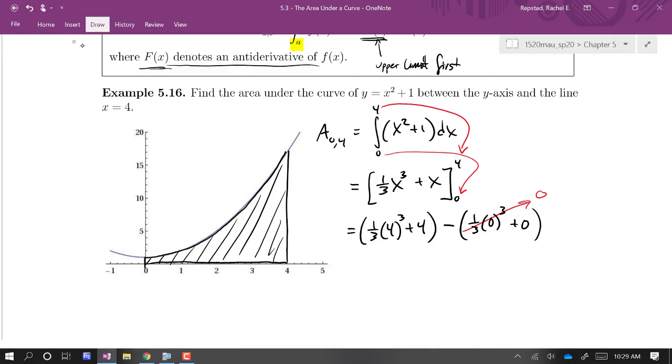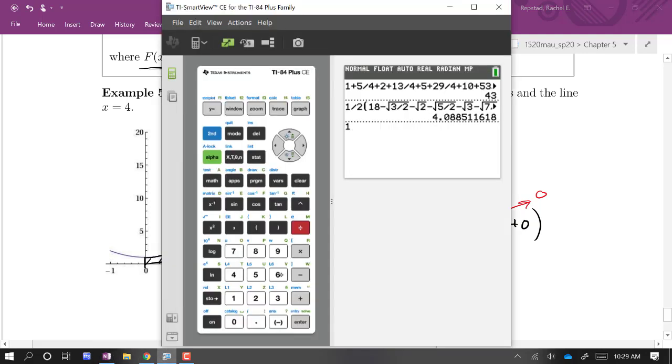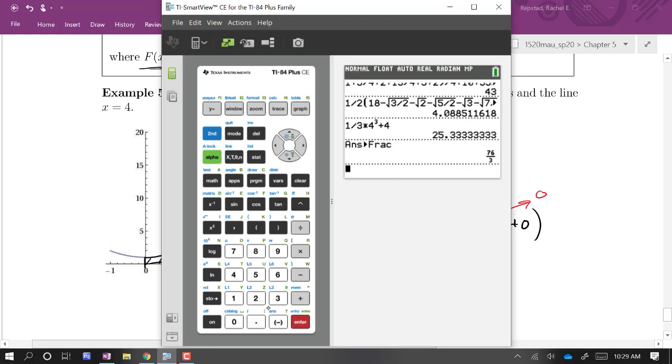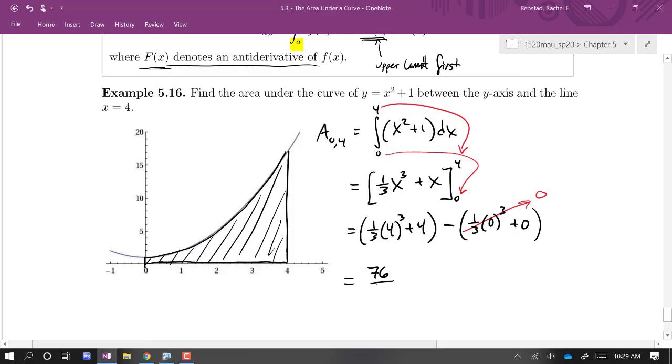So we're just going to evaluate this first one. 1/3 times 4 cubed plus 4 is 76/3, or approximately 25 and 1/3, or 25.33.